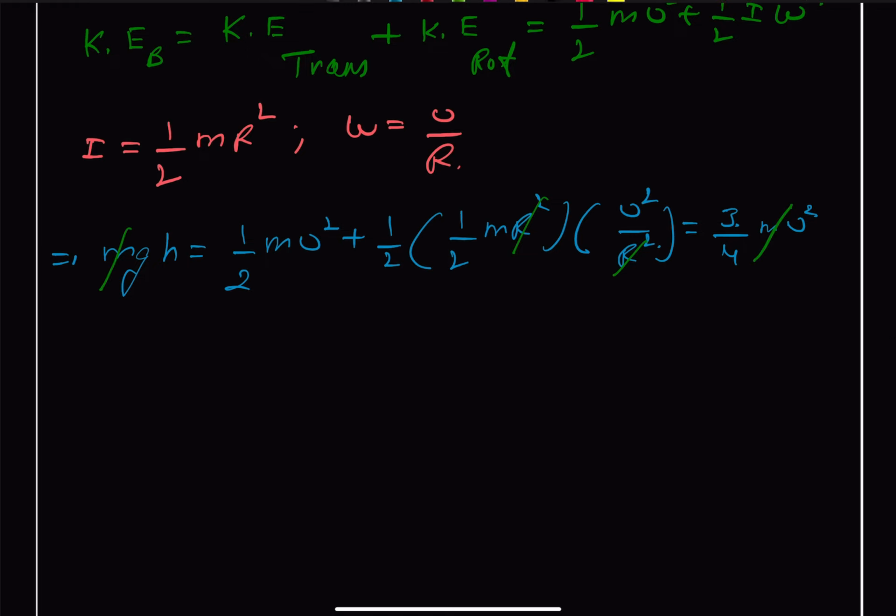Therefore we get that our v square will be equal to 4 by 3 times gh.